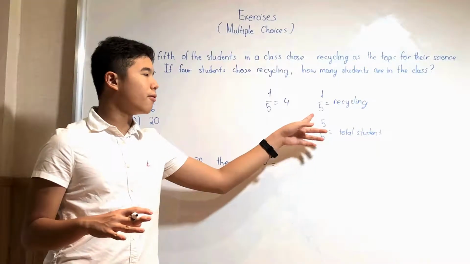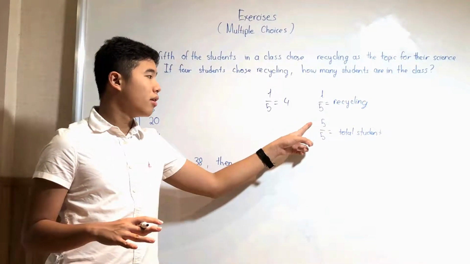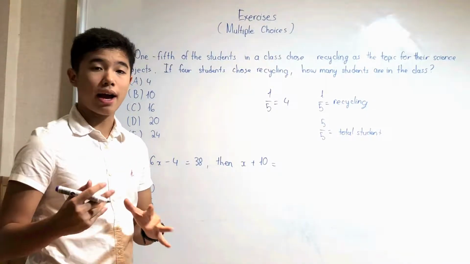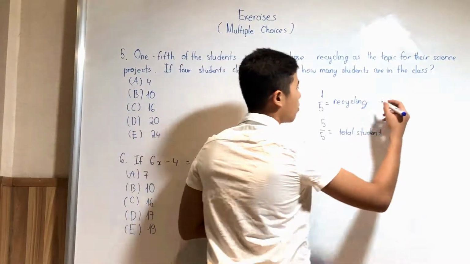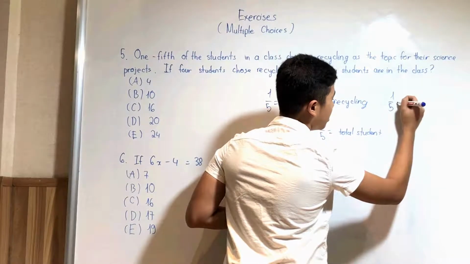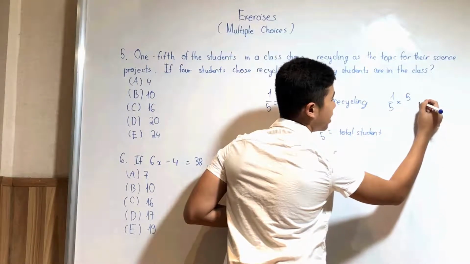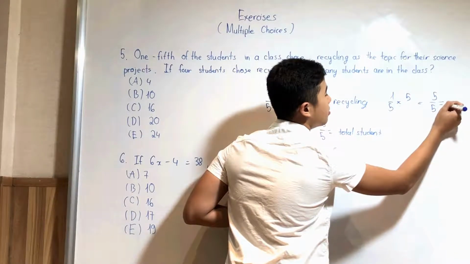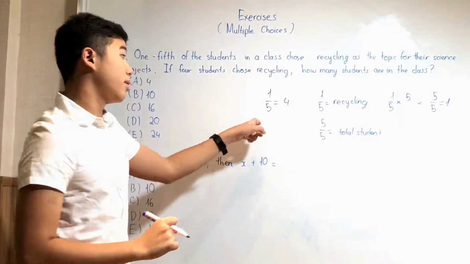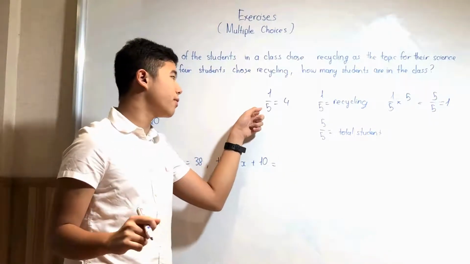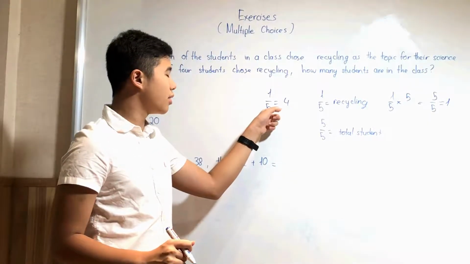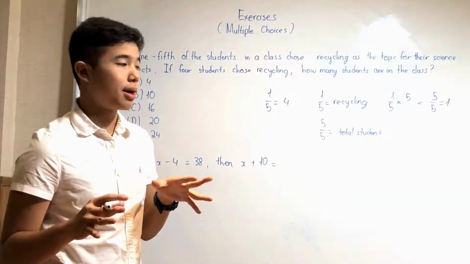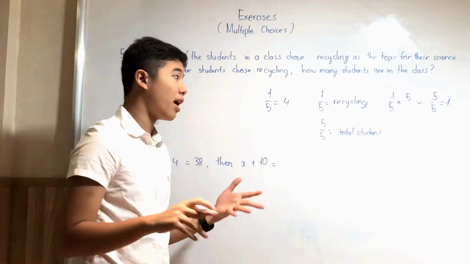To get 5 over 5, we take 1/5 times 5. That is equal to 5 over 5, which means 1. Because 1 over 5 is equal to 4, we take 4 times 5, which will be equal to 5 over 5.